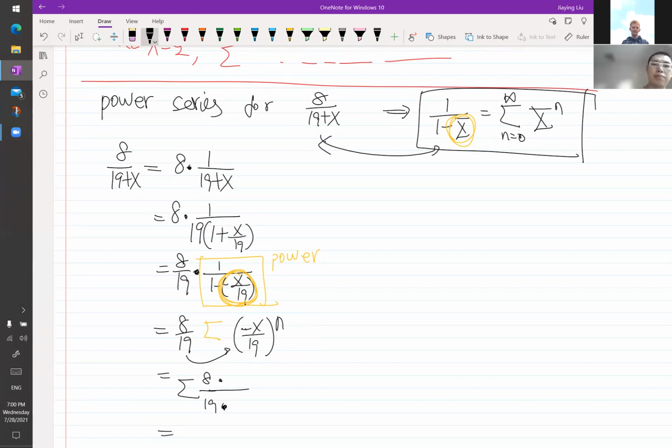Oh, okay, that's right. The above step, what I circled in yellow, is equivalent to capital X. So in the power series, you should have capital X raised to the nth power. Gotcha. That's why I have this to the nth power.